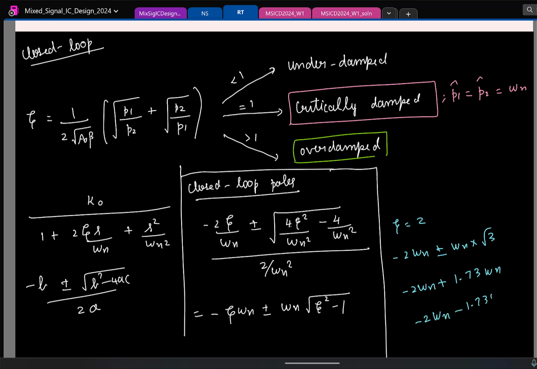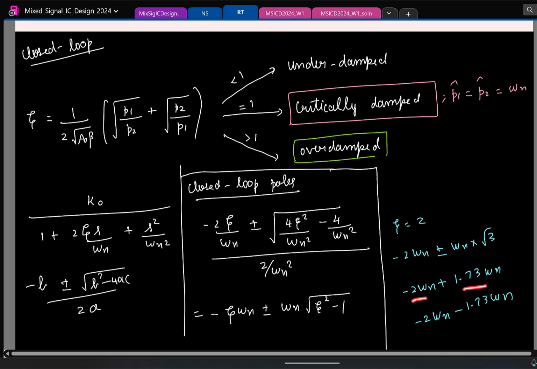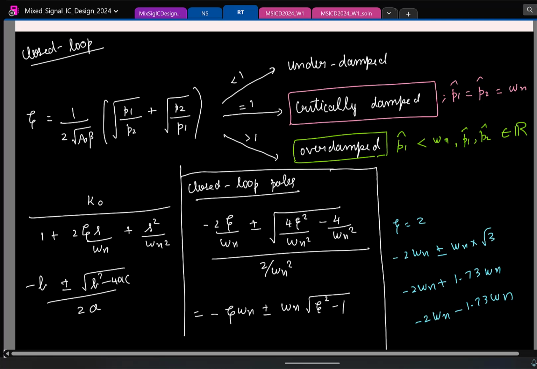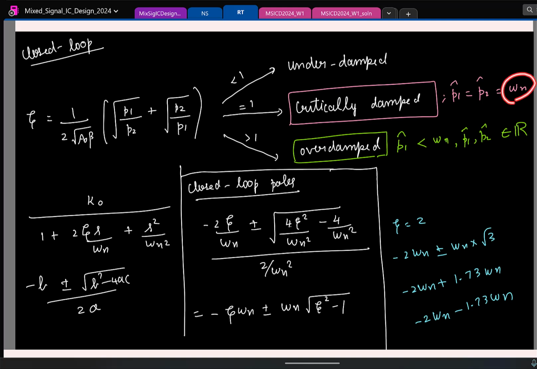What is the lower frequency here? 2 minus 1.73, that's smaller than omega n, right? So that is the point I want to make. Let us say P1 hat is the lower frequency pole. P1 hat will be smaller than omega n. And also I know P1 hat and P2 hat are real numbers. So that's the point I want to make, that if it's overdamped, the lower frequency pole will be actually smaller than the pole you will have for the critically damped case.